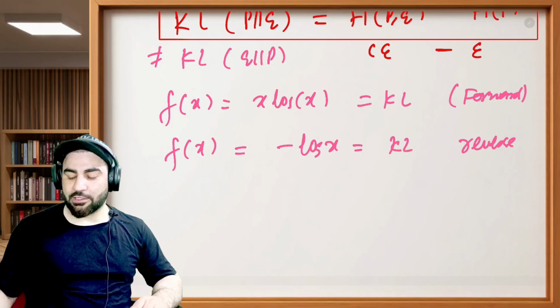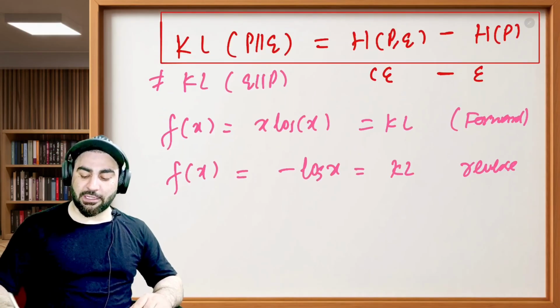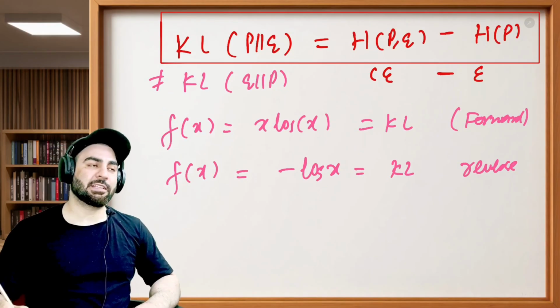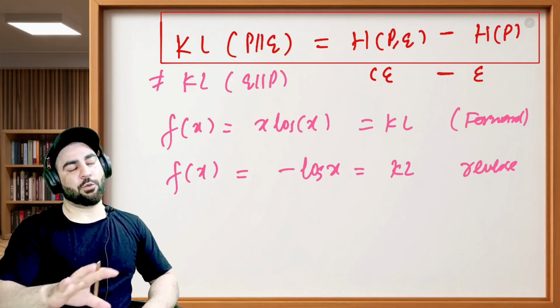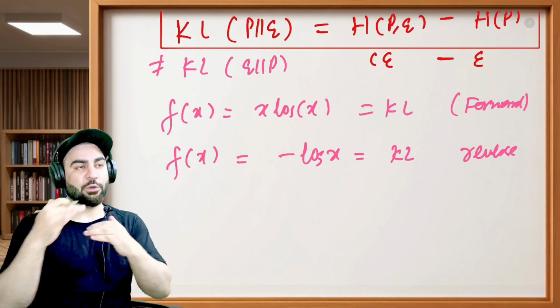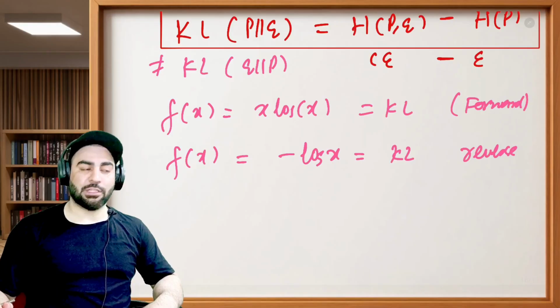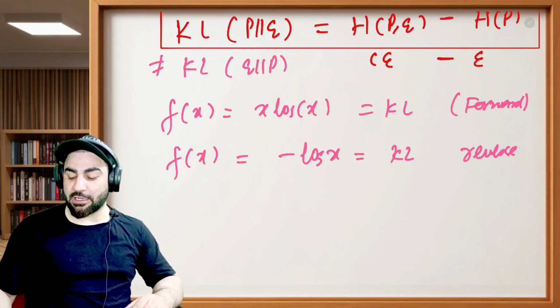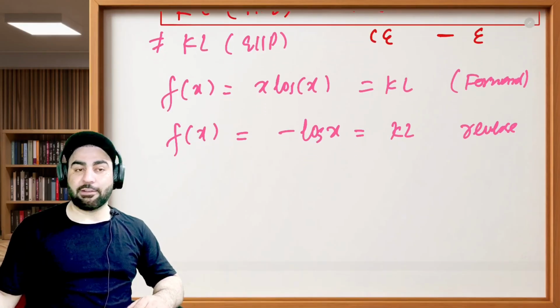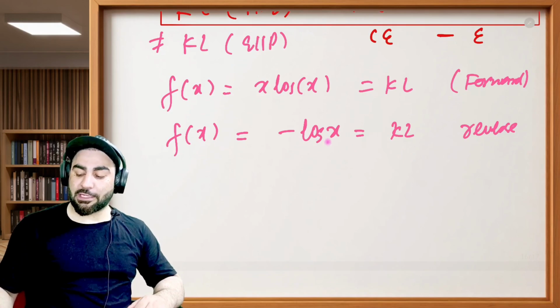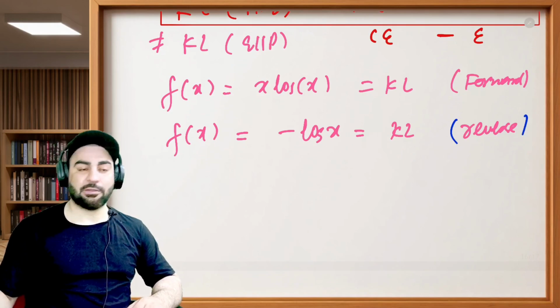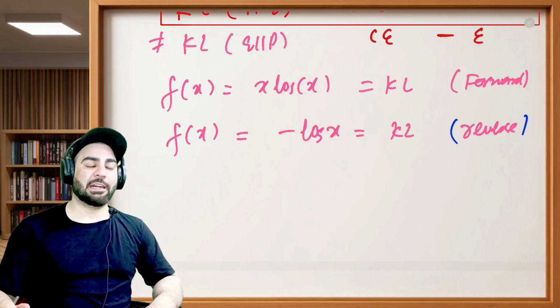I told you f divergence is a unifying framework. You can just change f, and it will tell you how much difference there is between distributions p and q. If you have x log x, that is forward KL divergence, and if you have f of x equal to minus log of x, you will have KL divergence in reverse. Why is it defined separately, reverse and forward?